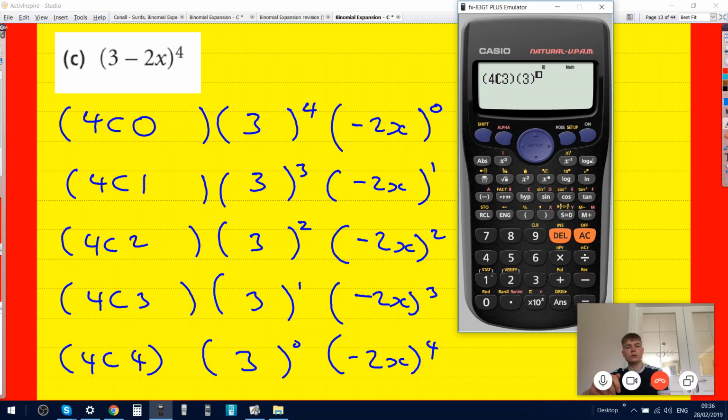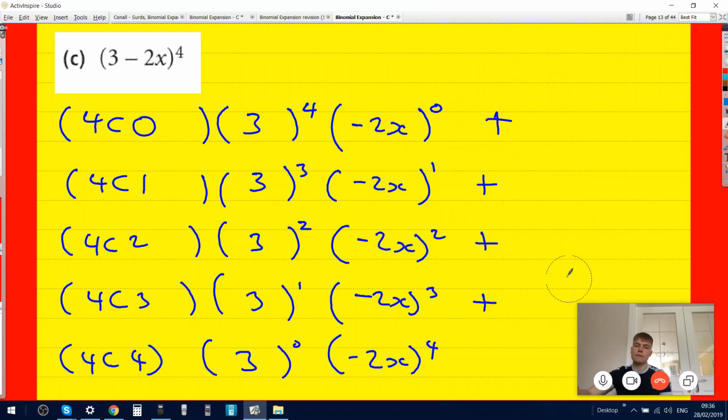Okay, 3 to the power of 1, and then minus. How do I deal with the x? Just leave out the x. So leave out the x to the power of 3. So that's it exactly as I've written it down. Press equals minus 96. And so what will the power of x be for the third one?